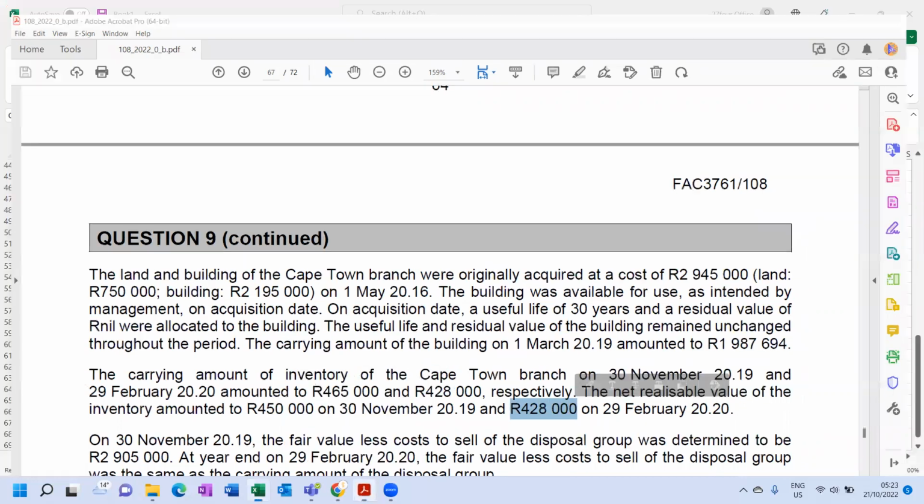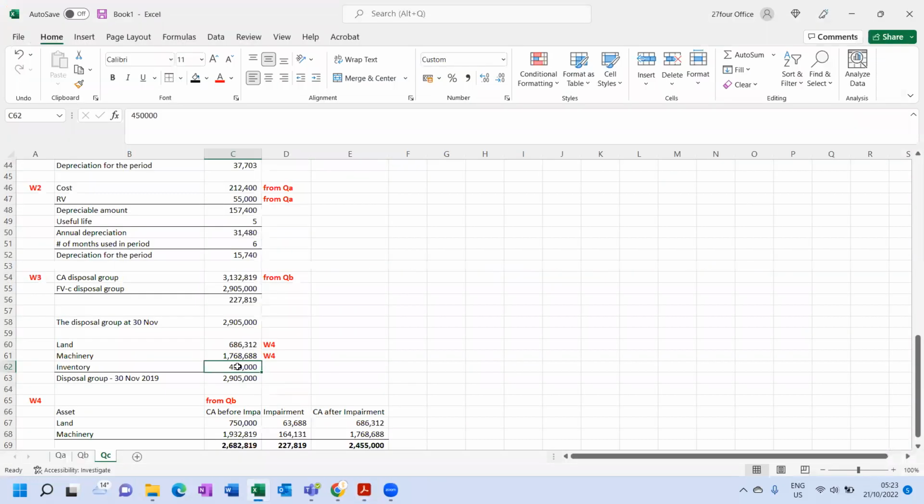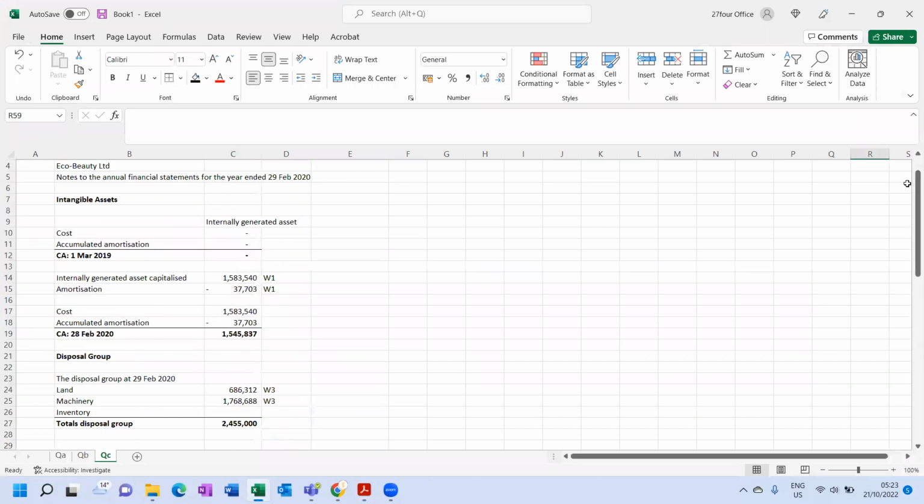So now inventory needs to change to 428. Oh, sorry, not there. That must still be 450. But over here, 29 Feb, we need to use the lower of cost and NRV. So the disposal group at 29 February is 2883. So that will be the answer.